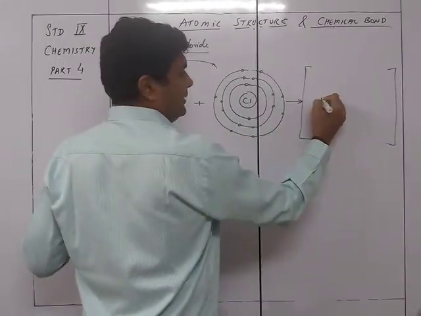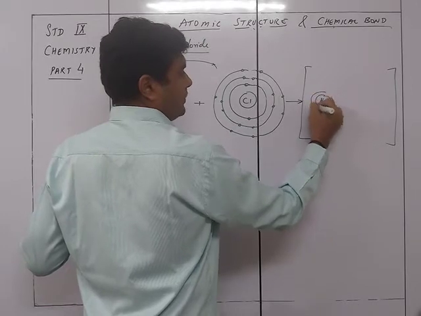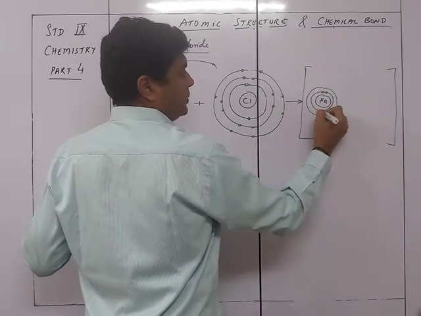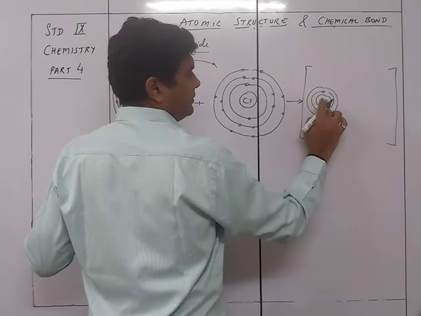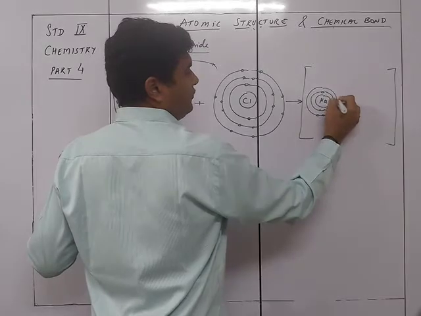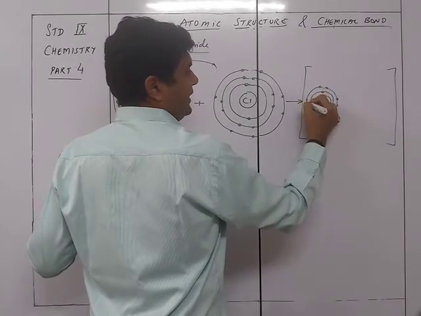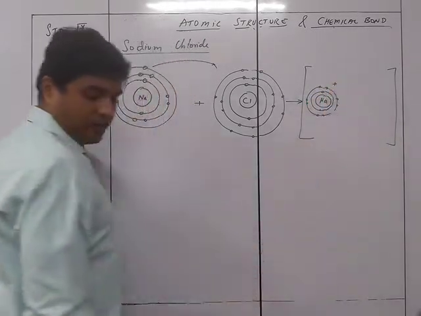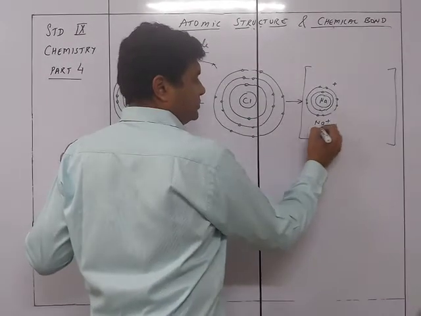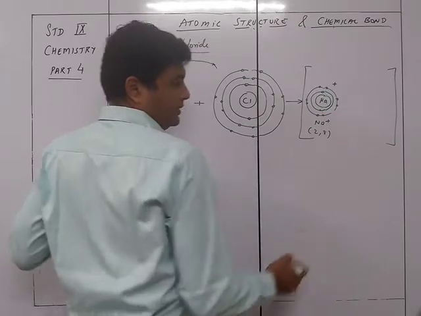So it will be Na, which will be like this, 1, 2, 3, 4, 5, 6, 7, 8. This will be plus 1 over here because it has lost 1, so it will be Na plus, which will be 2, 8, right?